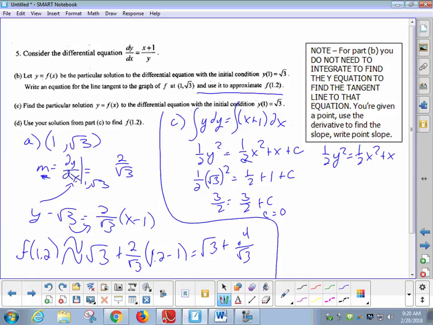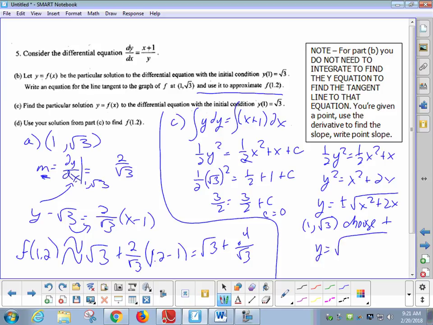Let's start solving for y. I'll clear the half. Y squared is x squared plus 2x. I'll square root: y is plus or minus the square root of x squared plus 2x. Based on the initial condition, if it's supposed to pass through 1, positive root 3, we will choose which branch, the positive or negative branch. The positive. So y is the positive square root of x squared plus 2x.